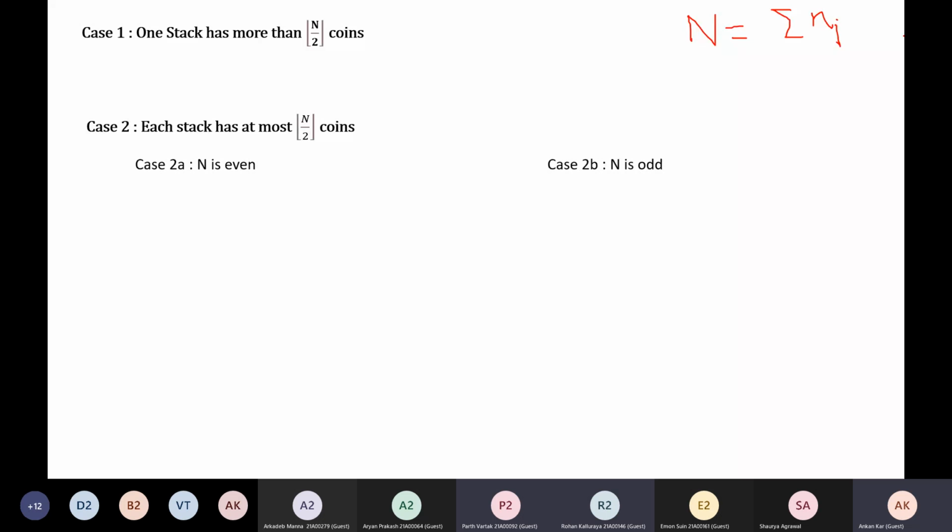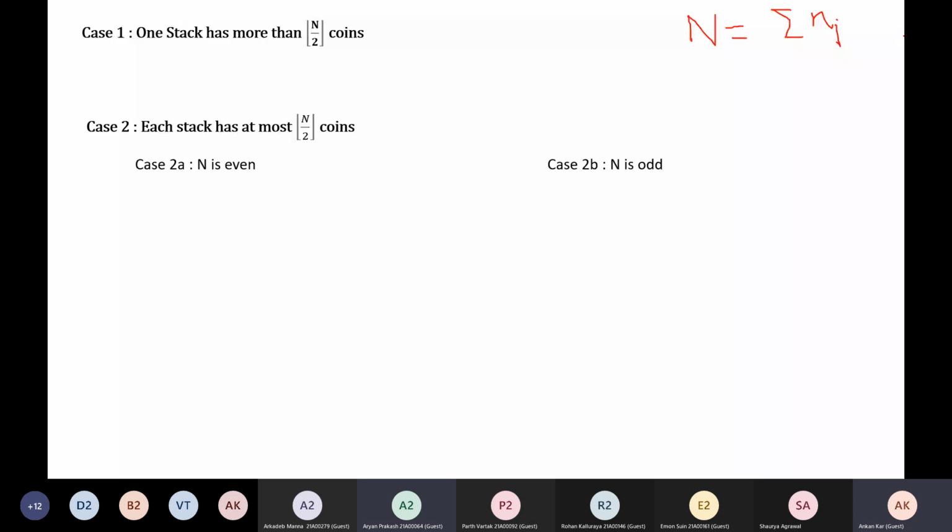If one stack has more than floor of n by 2 coins, then the person who is starting, if we assume that is A, will just choose that stack and take coins from that stack, because no matter what B does, B has to take from the other stack, which is less than n by 2. But we can't keep playing in one stack, right?